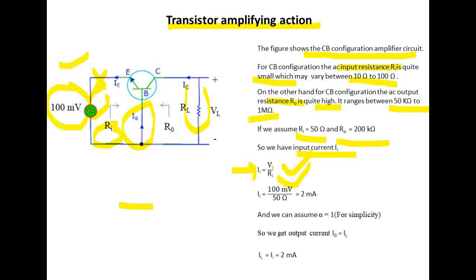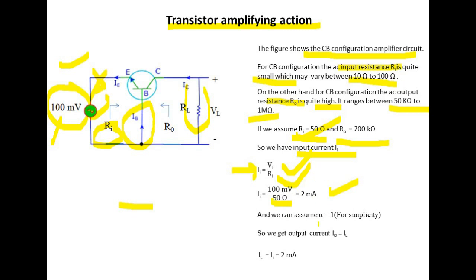Input voltage Vi is 100 millivolt and Ri, the input resistance, is assumed to be 50 ohm. So putting these two values, we get Ii is equal to 100 millivolt upon 50 ohm, which is equal to 2 milliampere. Now we have got the input current as 2 milliampere.